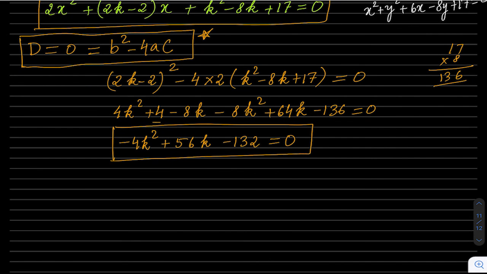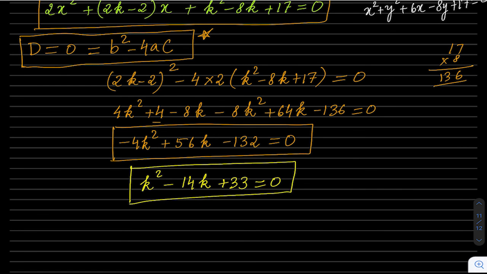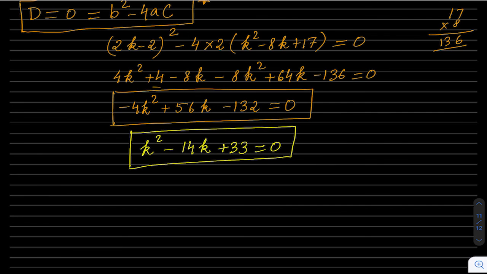Now you can divide this by minus 4 to make it simpler. I am dividing everything by minus 4, not 4. So I am getting k square minus 14k plus 33 equals 0.